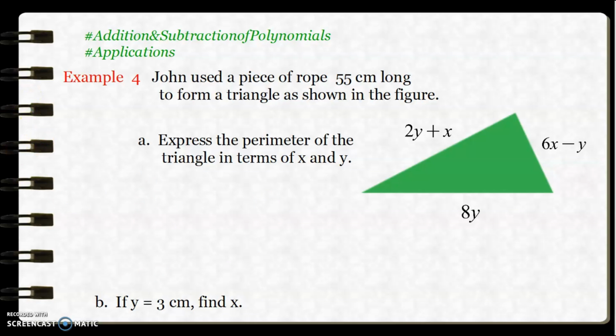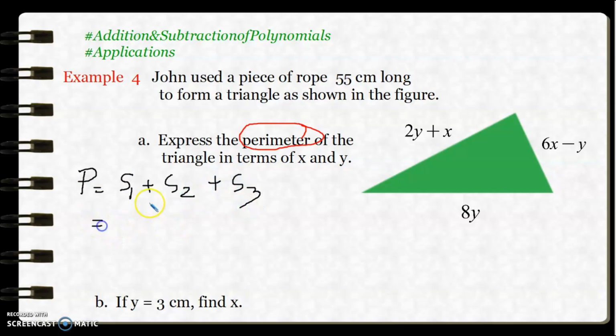So we all know that perimeter is simply done by adding all sides. Okay? So we have to use the symbol for perimeter, which is P, and we add all the three sides, side 1, side 2, side 3.